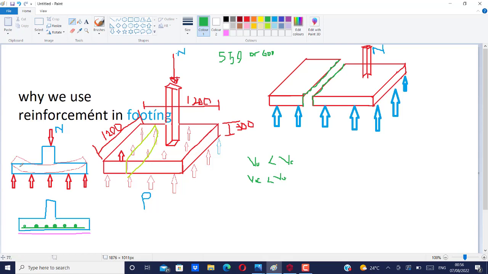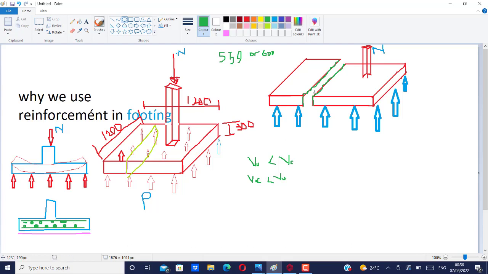Now, look at this one. When we talk about moment, we provided reinforcement at the bottom of this footing. That means you have to provide reinforcement at the top of this footing this way. If that happens, you have to start providing reinforcement here in order for it to take care of this shear.